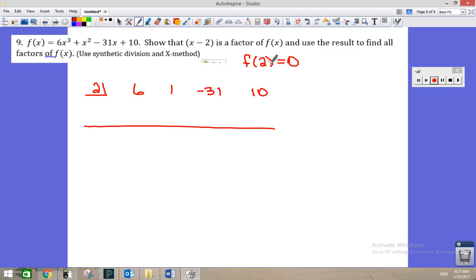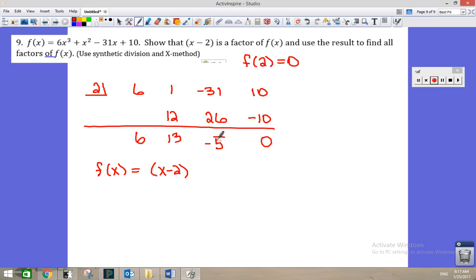If in fact this is a true statement, then we should get a 0 down here as a remainder. And we do. So that means that we can factor this f of x. But of course, we knew we could factor it when they told us that x minus 2 was a factor.